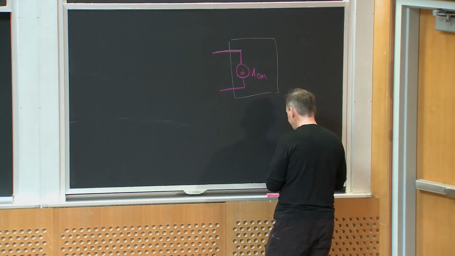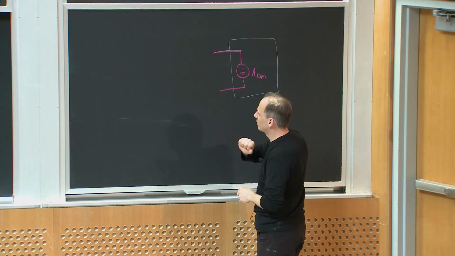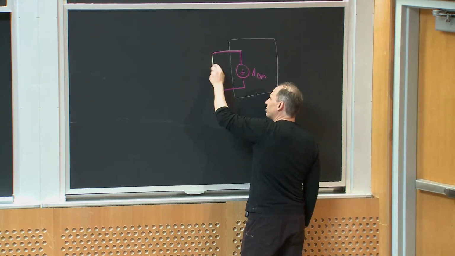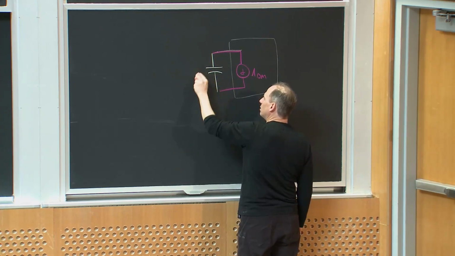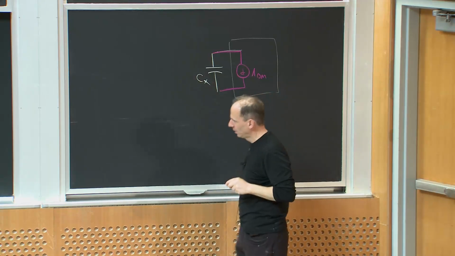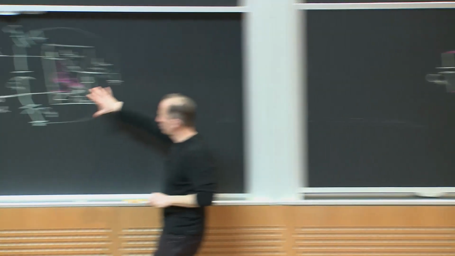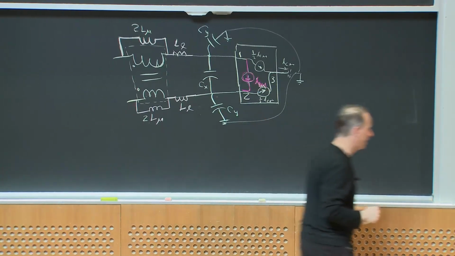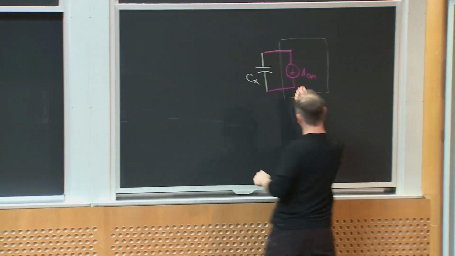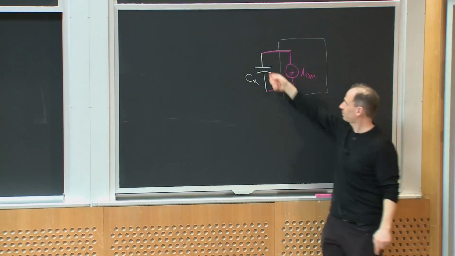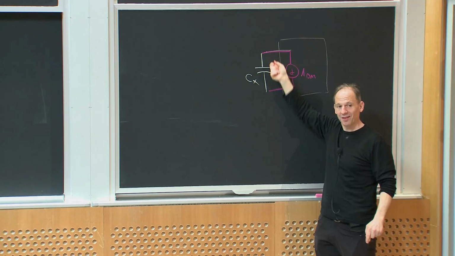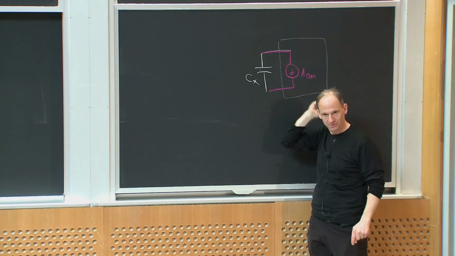I'm pretending common mode is 0 now. I have an X capacitor, C sub X, which is sitting between terminal 1 and 2. So if I have a high frequency component to IDM, it provides a low impedance path for it to flow through at high frequencies.